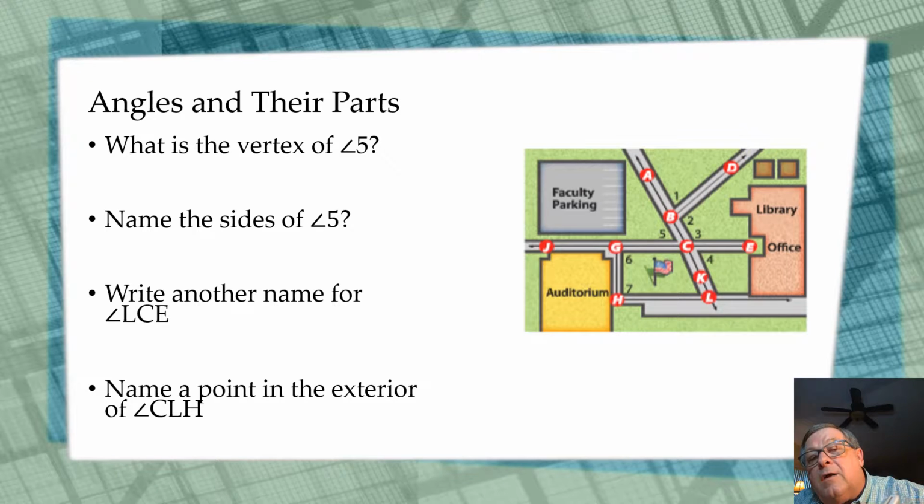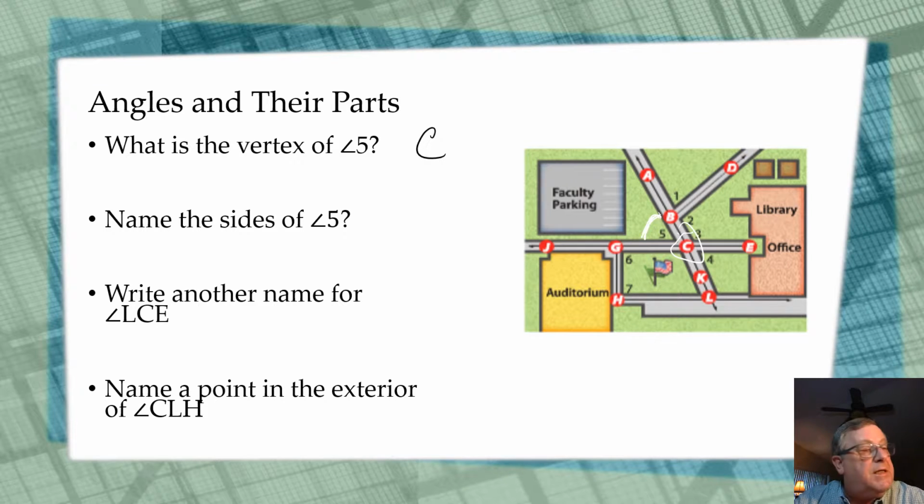I can see that angle 5 is right here. So there's angle 5, and the vertex of angle 5 is right here at point C. And so we can thus conclude that the vertex of angle 5 is C.